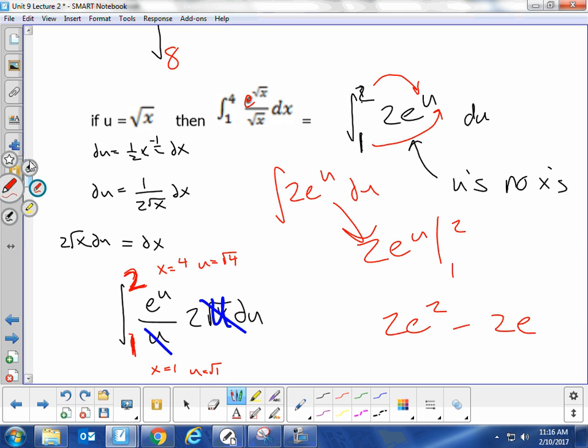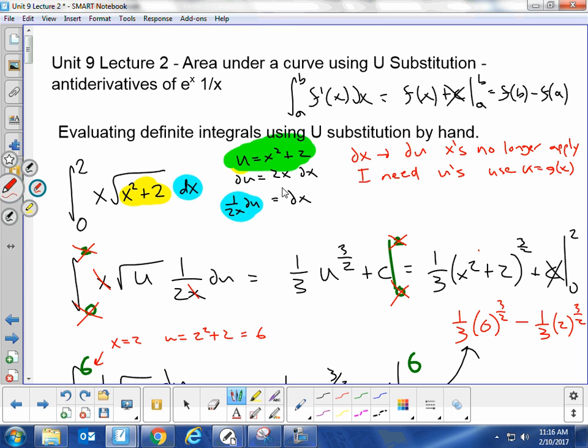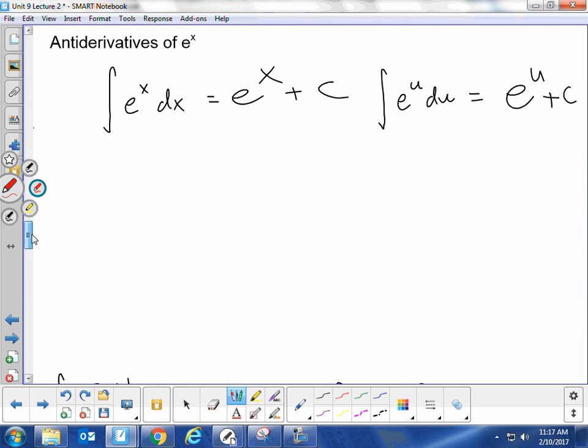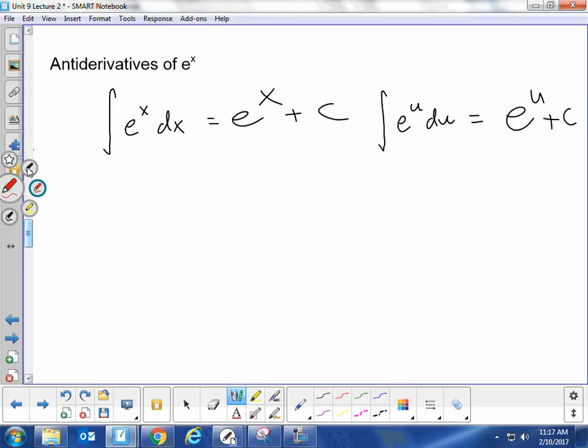Okay? Let's go back up to that first problem. Don't just take 2 and plug it in there and take 0 and plug it in there. Okay? You're taking the antiderivative. Now, for ease, it happens to stay the same, but you've still taken the antiderivative. Okay?